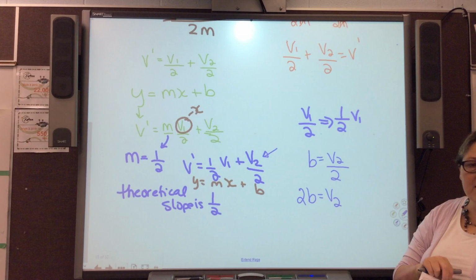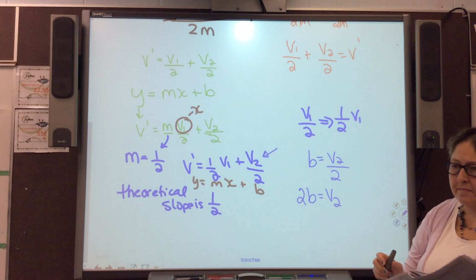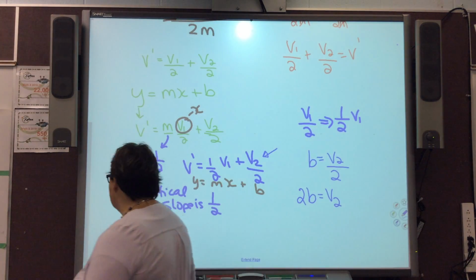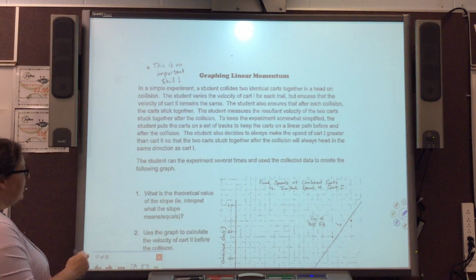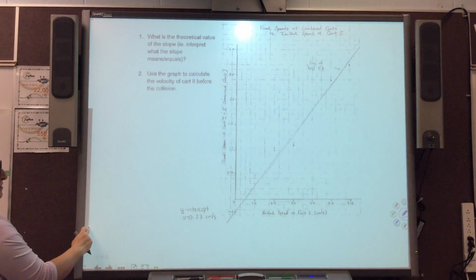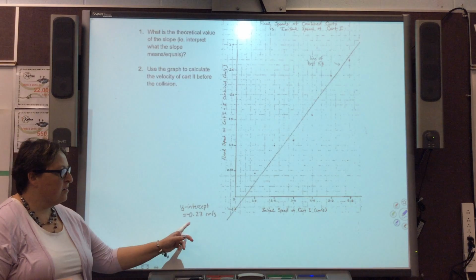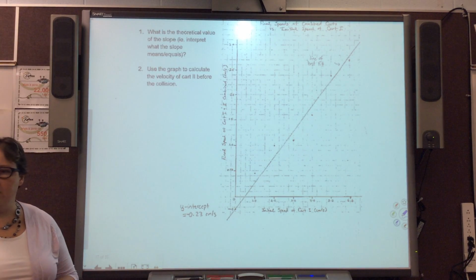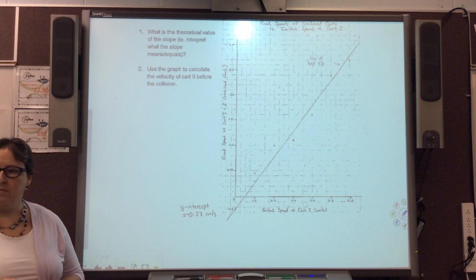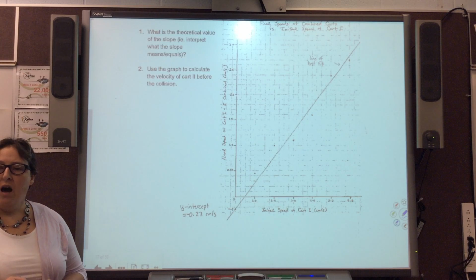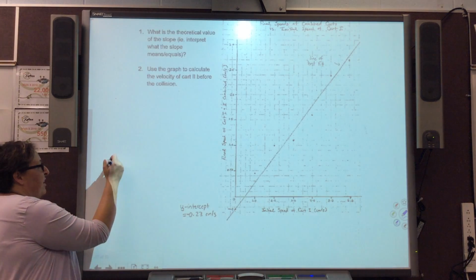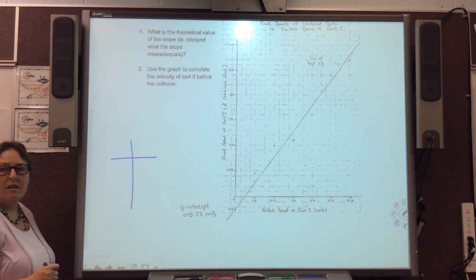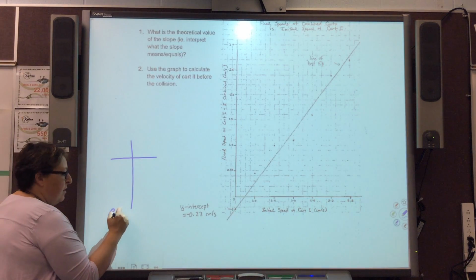When we go back to the graph, we are given the y-intercept. On a diploma, you're either going to have the information and you can use your calculator.